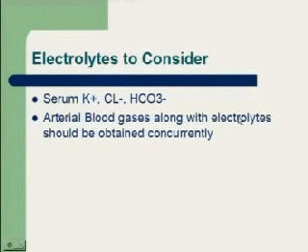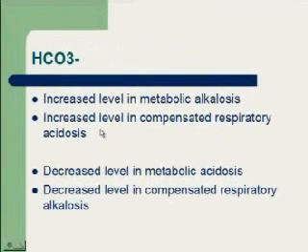I can also analyze the electrolytes in the intravascular space from this blood sample. This should be obtained concurrently. In other words, performing the blood gases without also analyzing the electrolytes may not lead to a correct calculation of some of the pH abnormalities that you will be faced with.